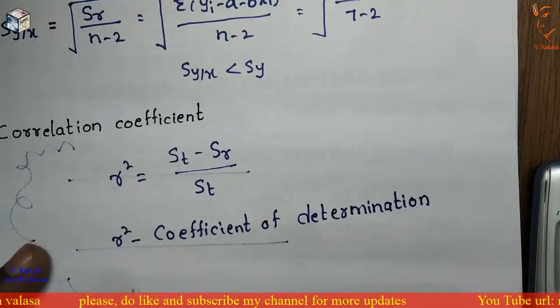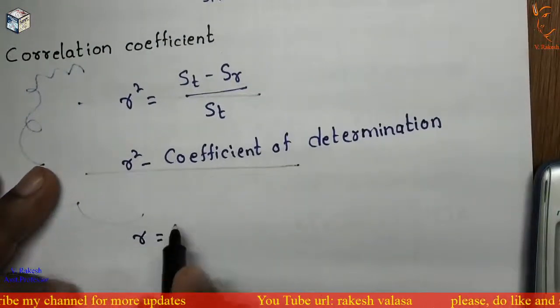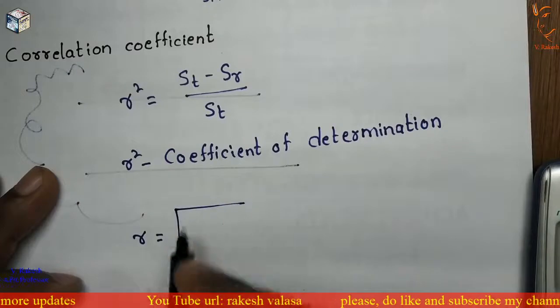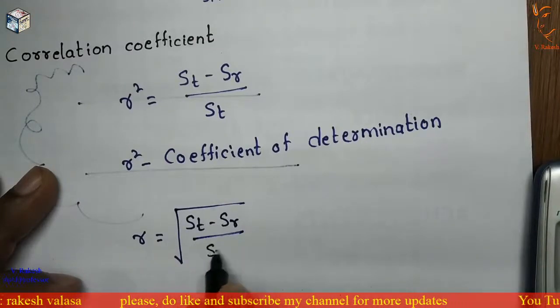Now r, that means correlation coefficient, r equal to under root St minus Sr by St.